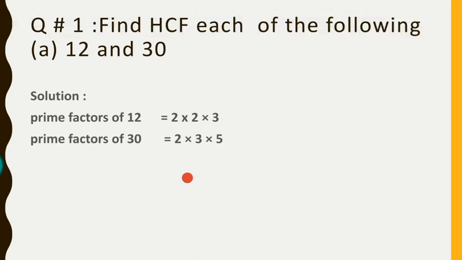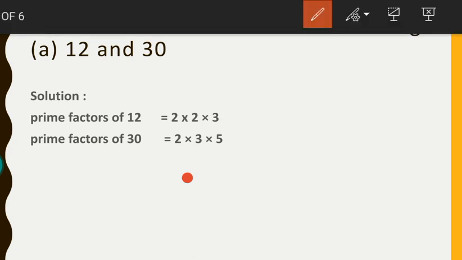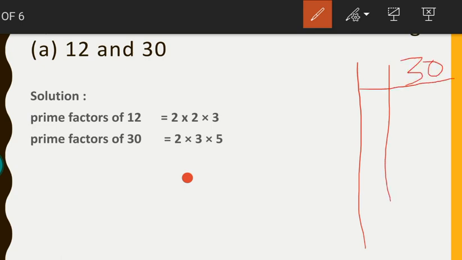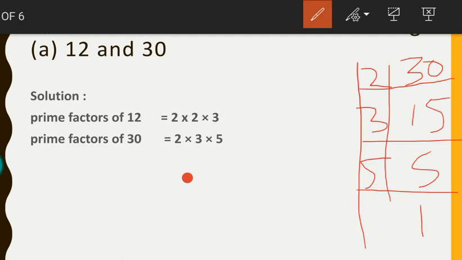Okay, rough column, just like this. 30: 2, 3 and 5. Okay, so 2, 3 and 5, just like this, these are the prime factors of 30.